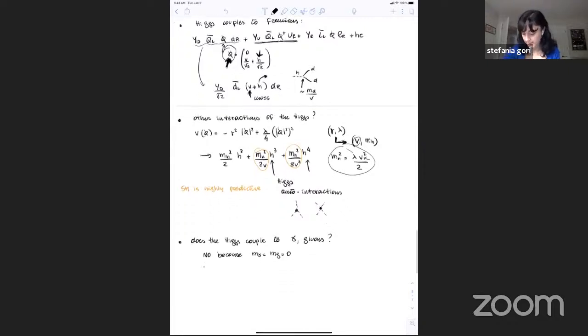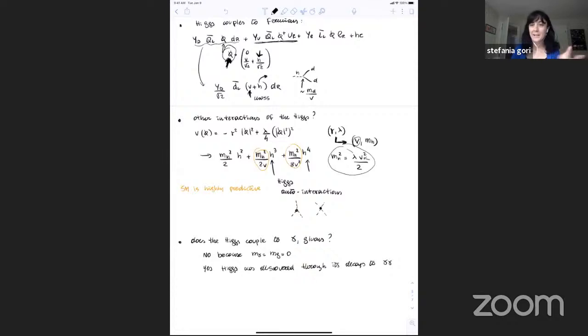But we might also say yes, since the Higgs was discovered through its decays to gamma gamma, so to 2 photons. I showed you the slide 10 minutes ago.